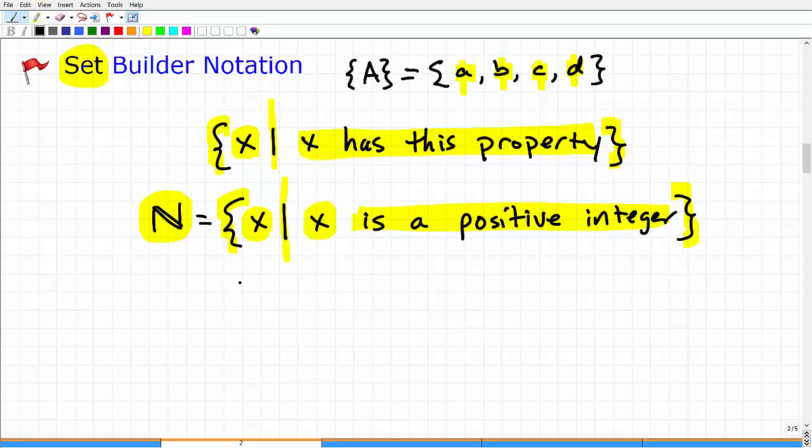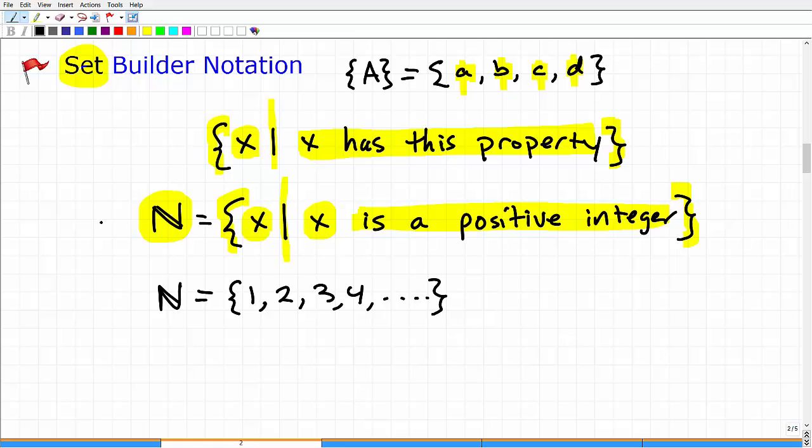That would be all the numbers x such that x, or these numbers, are positive integers. So I can just start writing out the positive integers: 1, 2, 3, 4, etc., on and on and on. That would be that set. That's also set n, where these are the elements of that set.